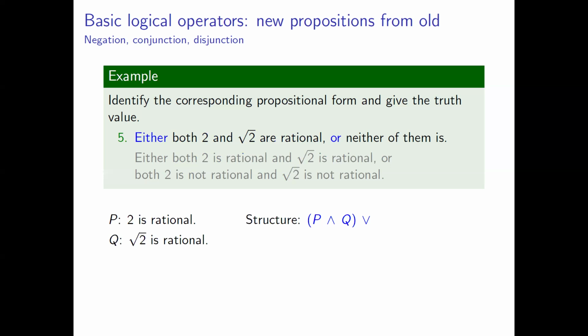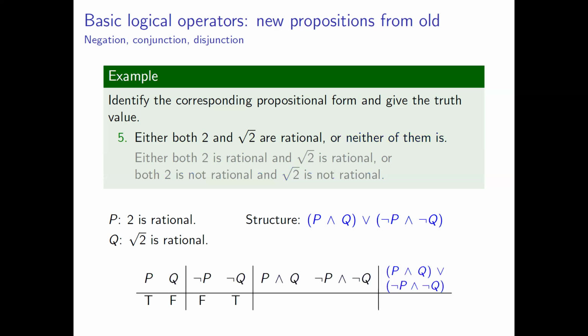Hence, we treat it as one statement and enclose it in parentheses. The proposition, "neither of them is rational," is the conjunction not P and not Q. Since it follows the word "or," it is the second statement in the disjunction and thus must be enclosed in parentheses.